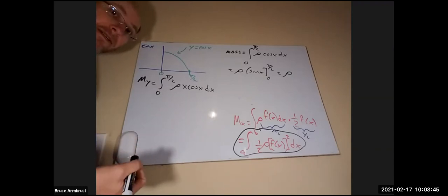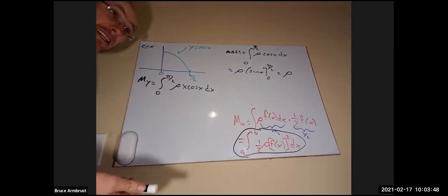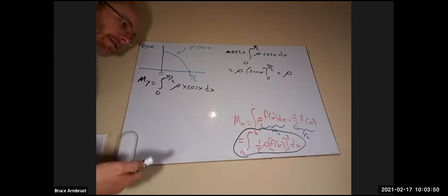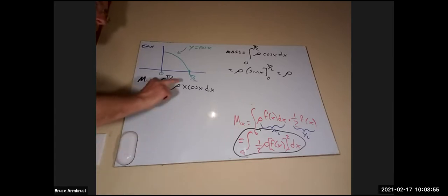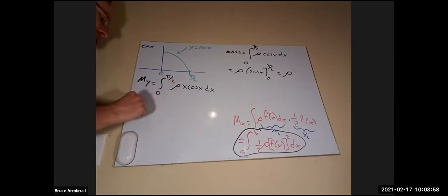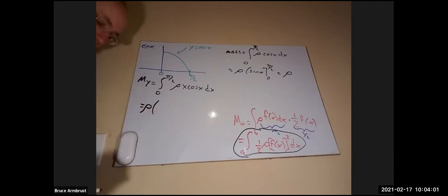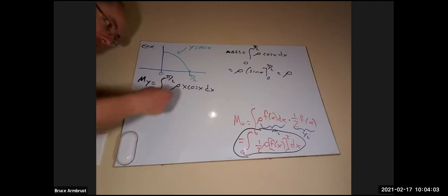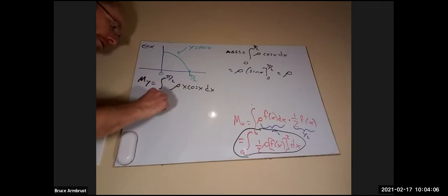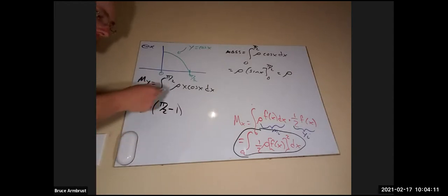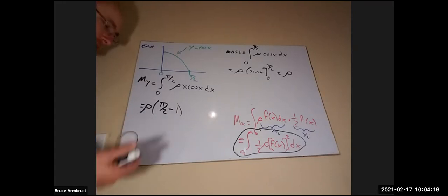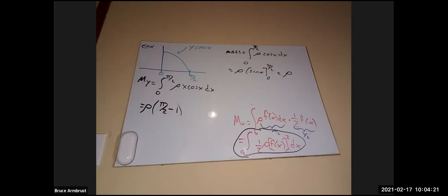We have to use this thing called integration by parts that I will teach you. I think we're going to talk about that next week. We're going to start learning some more techniques for integration. For this one, you're just going to have to trust me. I hate doing that. But if you integrate this thing and plug in pi over 2 and 0, you get pi over 2 minus 1, and then the density is out there as well. At this point, you just have to trust me that this is going to work. But that gets our My.